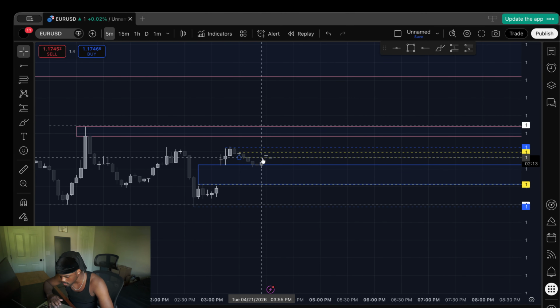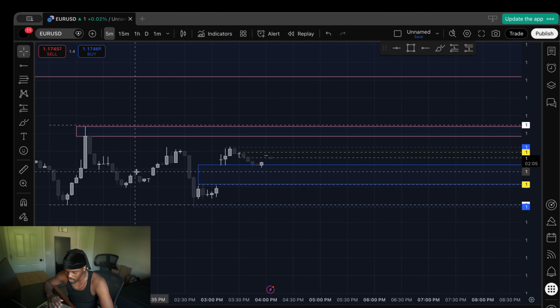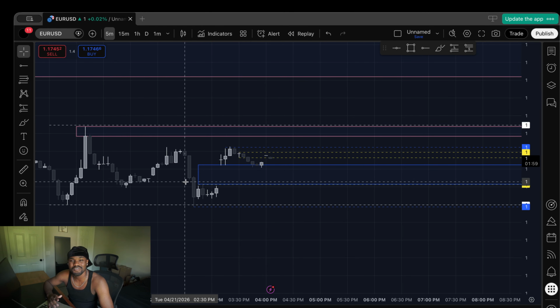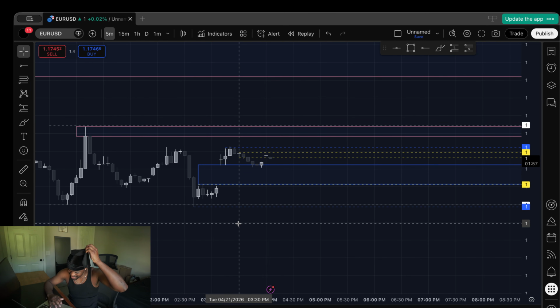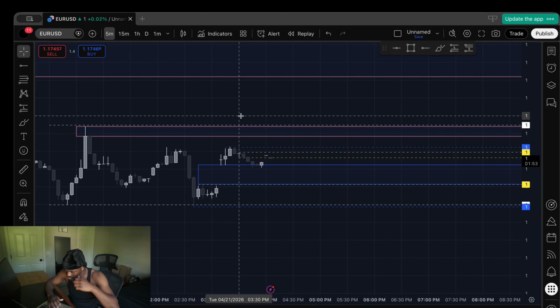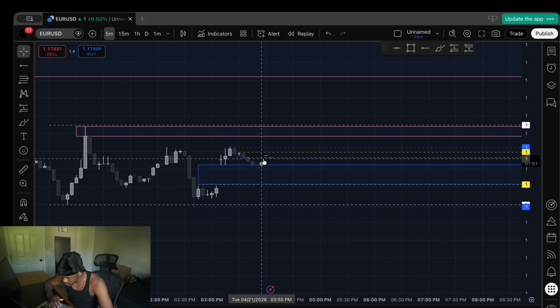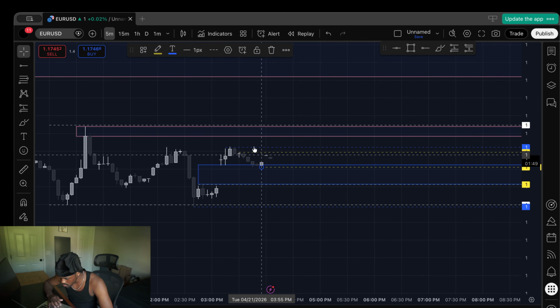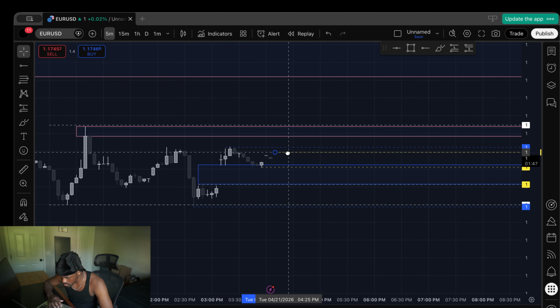It's just a pancake. This is what price did, by the way. It didn't even move, bro. It pulled one of these. What is this? Brother, ugh. I'm supposed to trade this and make money off of this? Yikes.